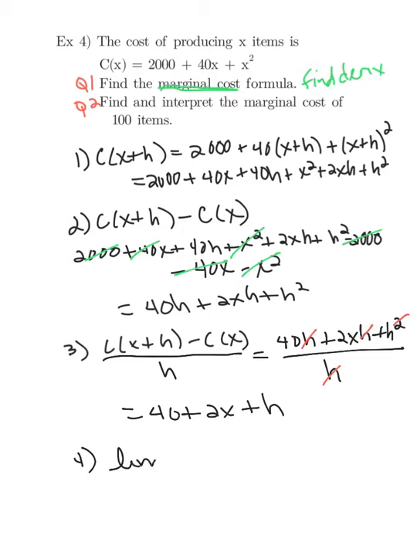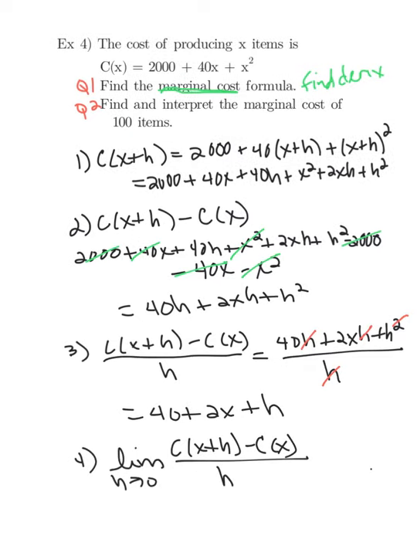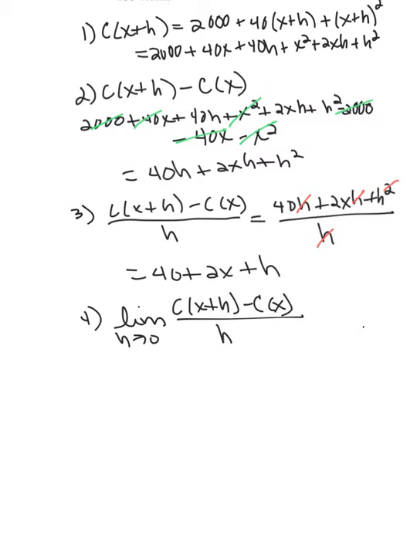Do the limit as h approaches 0 for the function c of x plus h minus c of x over h. In this problem, that just means that we are doing the limit as h approaches 0 of our answer from step 3, 40 plus 2x plus h. And that's polynomial in form, so we're going to put 0 in for h.